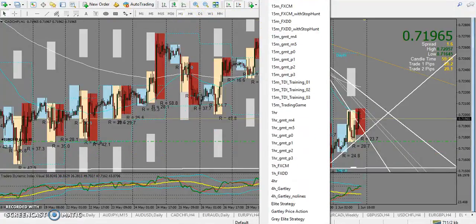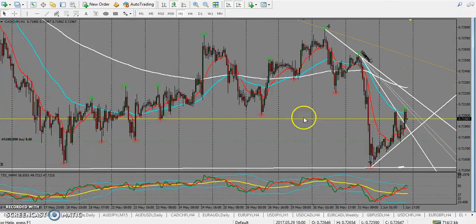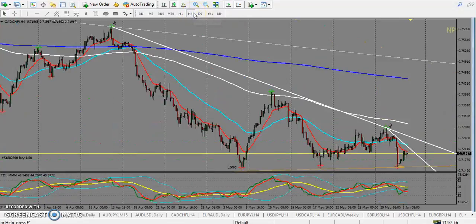I'm going to start off with the Gartley patterns price action chart. I always check to see if there's a harmonic or anything just to confirm things. But at this point, there isn't a pattern right now.